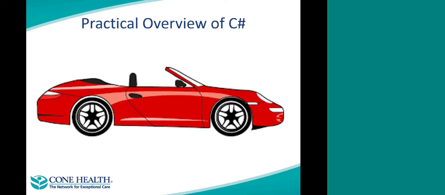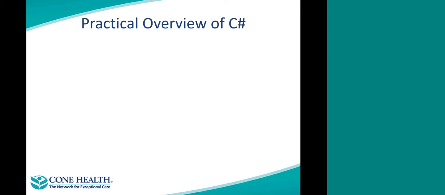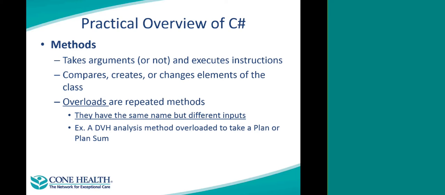It has wheels. It has doors. It has a steering wheel. It has mirrors. Those are the properties of the car. But it also has actions that it can perform. You can push the gas pedal. You can turn on the stereo. You can pop the trunk. Those are the methods. Those are the actions that the car can do. I like that example a lot, and I hold it in my brain as I'm coding.